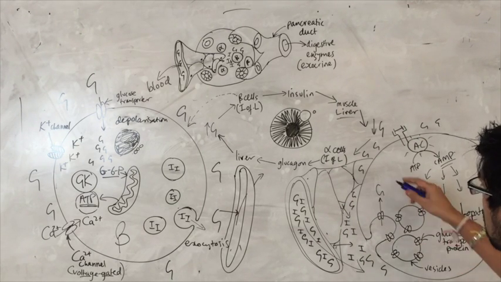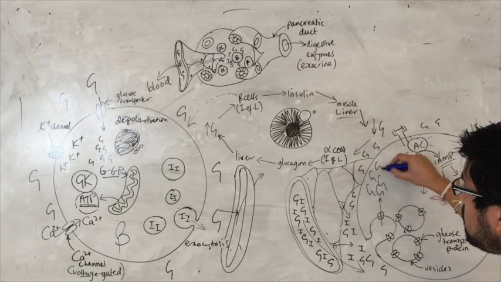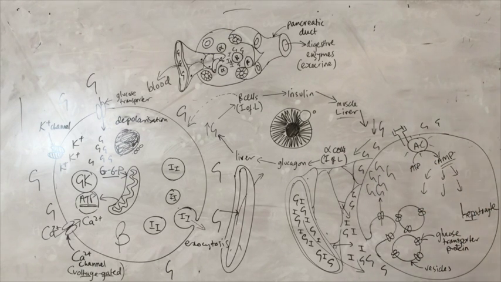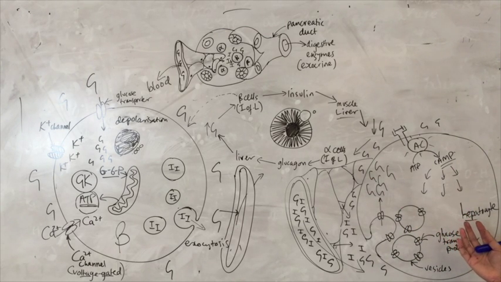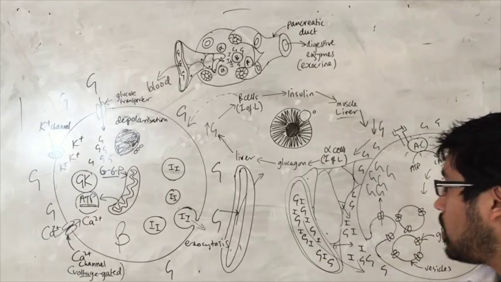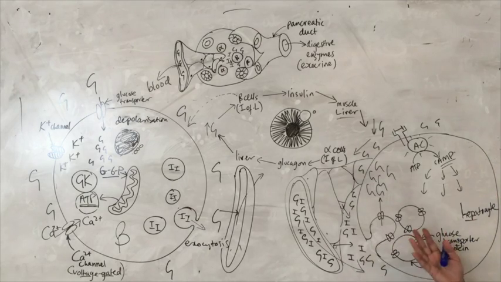Okay? Now, that can't be the end of the story, because eventually we're going to reach a point where there's so much glucose inside that no more can come in. Remember, these processes are happening by diffusion. The movement of glucose is happening by diffusion.